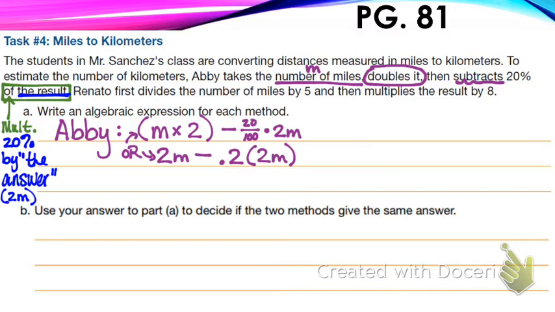She took the number of miles, she multiplied it by 2, and she did that first, right? So it's right up here at the beginning. And then after she had that, she subtracted 20% of the doubling. Are we all right with that particular expression?